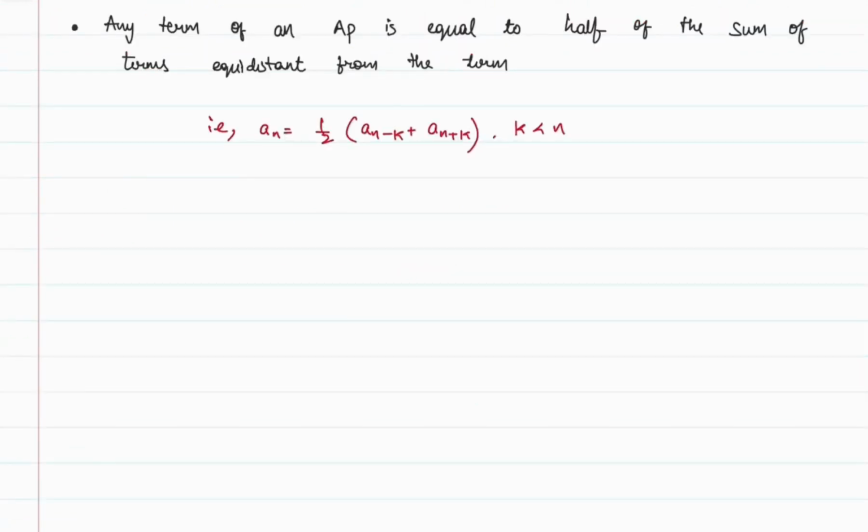Now let's see one more property of an AP: any term of an AP will be equal to half of the sum of the terms equidistant from the term. So suppose an is the term, then the terms equidistant from an will be a(n minus k) and a(n plus k). So the relation between a(n minus k) and a(n plus k) is that an will be equal to half of the sum of these terms.